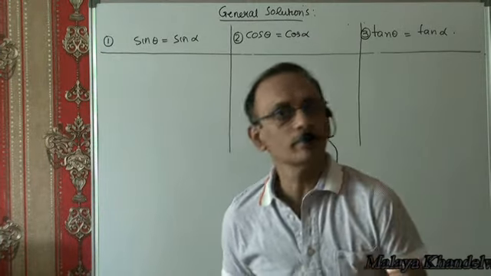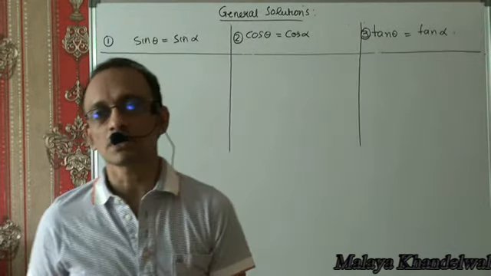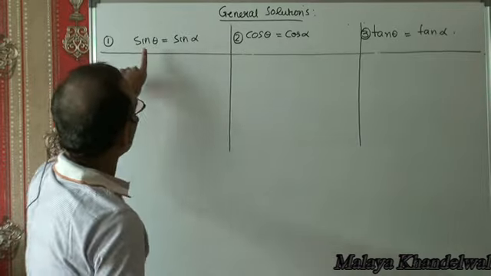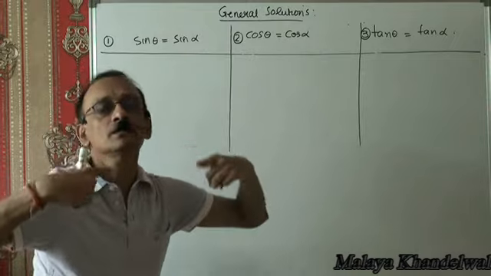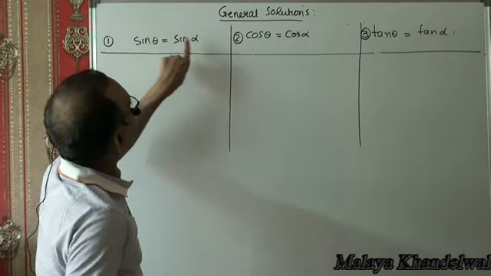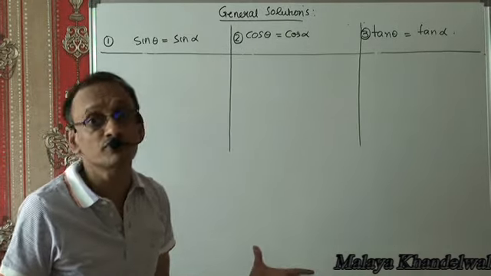In the context of trigonometric equations, there are three basic results that one has to take cognizance of. One is, alpha is a known angle and theta is a moving angle. So if sine theta is sine alpha, what's theta in terms of alpha?